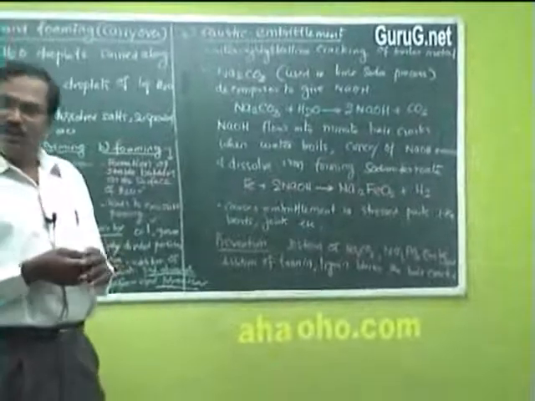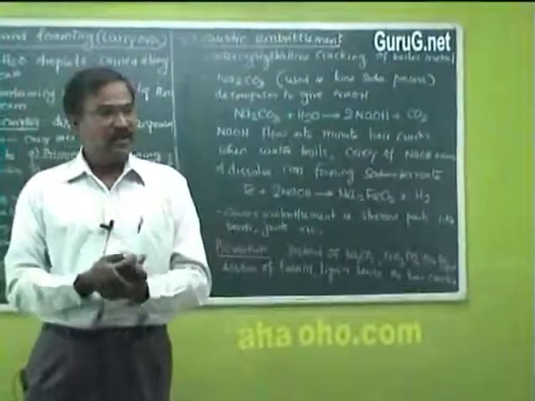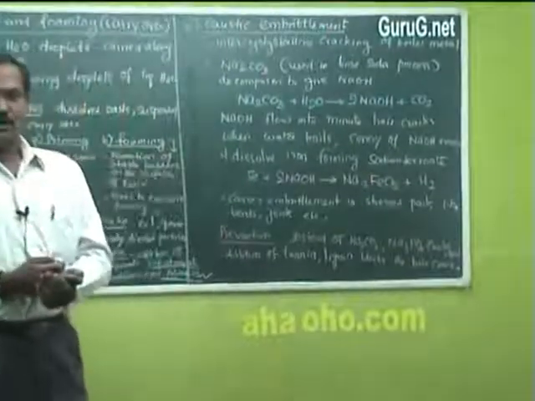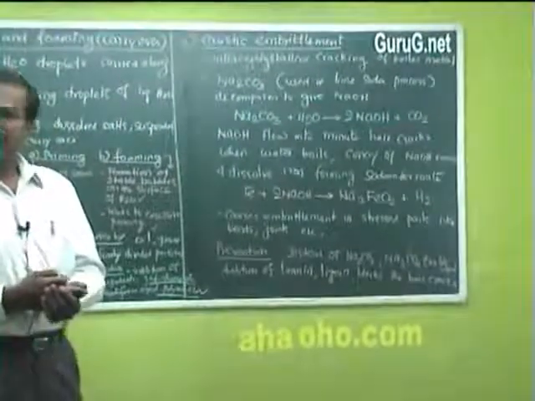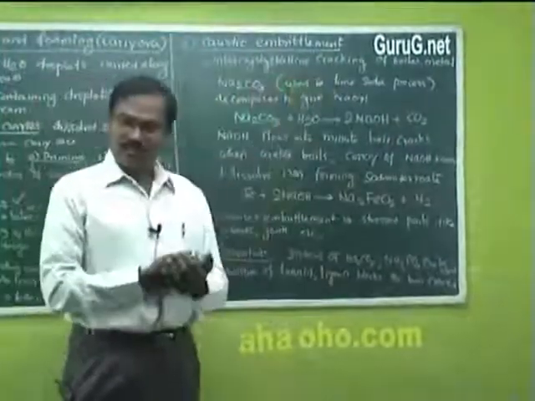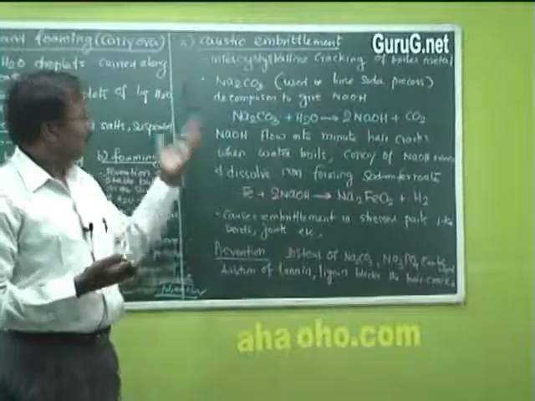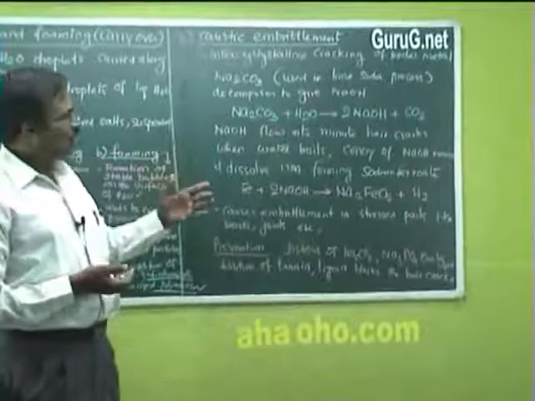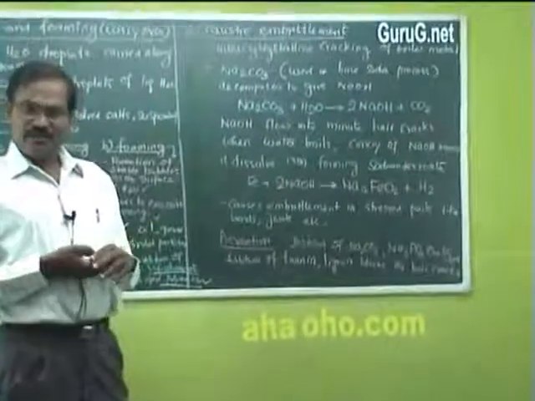Normally we cannot always get soft water. So the hard water which we have is treated by so many methods. One such method is the lime soda process. To get soft water we are using the lime soda process. In the lime soda process we are using sodium carbonate.